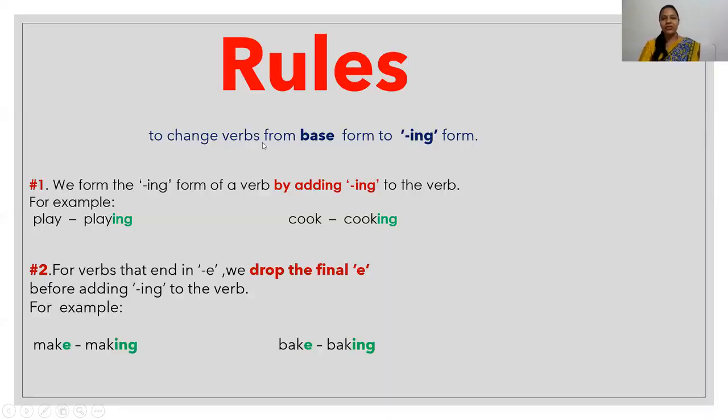So, the rules to change verbs from base form to ing form. Rule number 1. We form the ing form of a verb by adding ing to the verb. For example, the verb play becomes playing simply by adding ing.